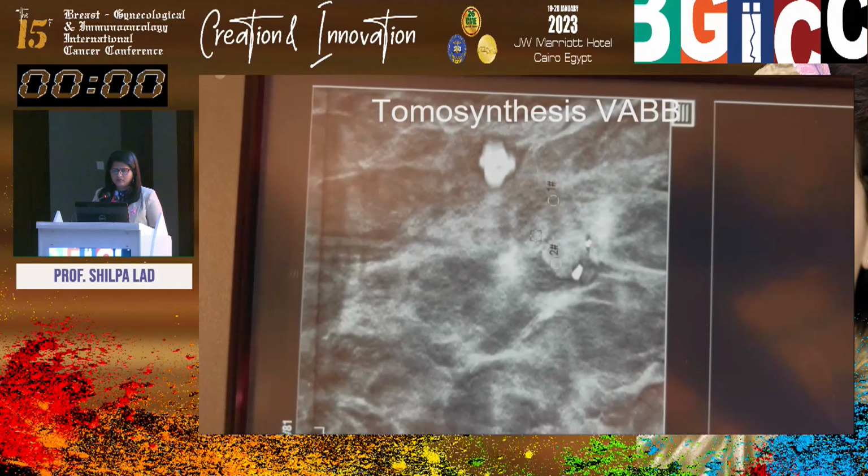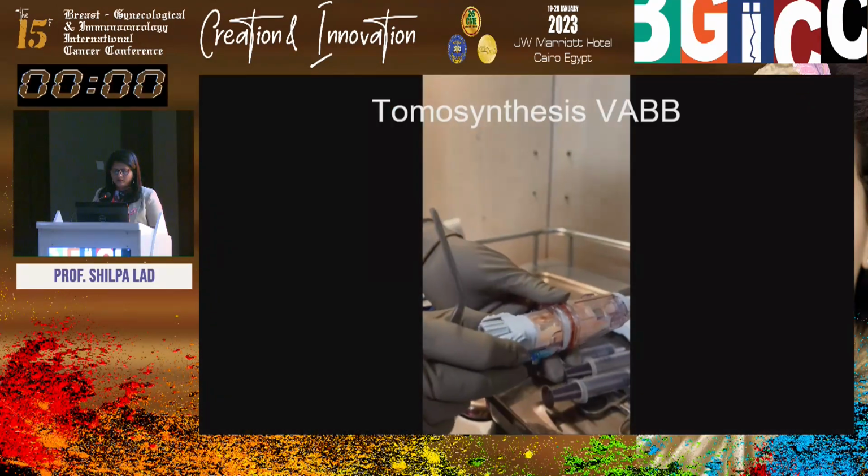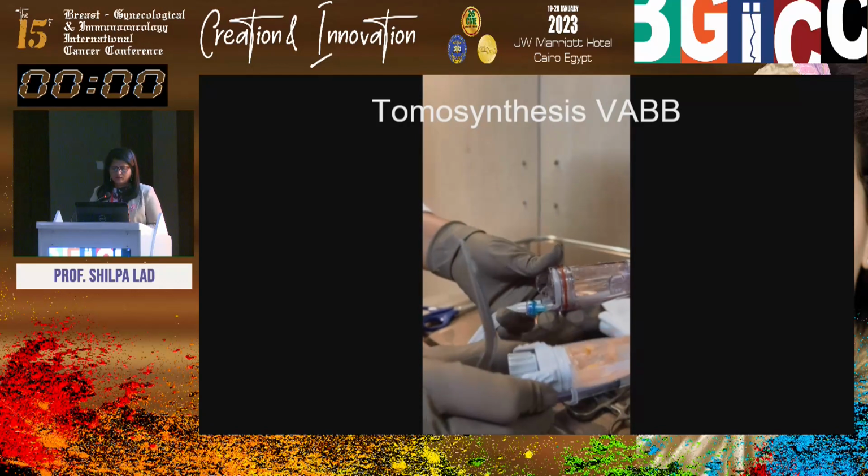Now the last part, which is specimen radiograph. So now we are going to obtain the entire sample. So this is the basket.